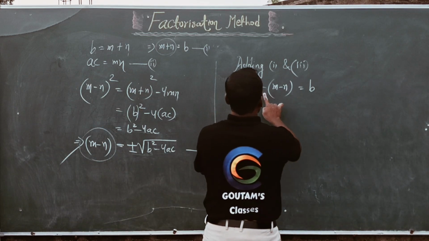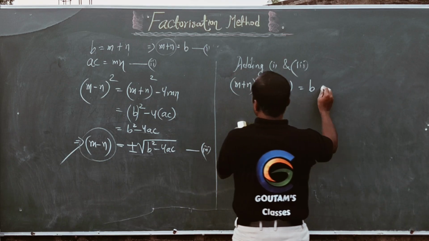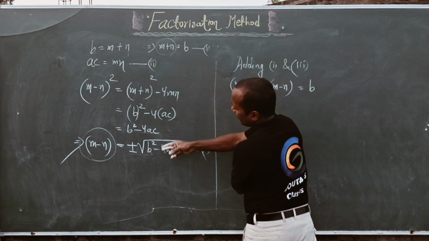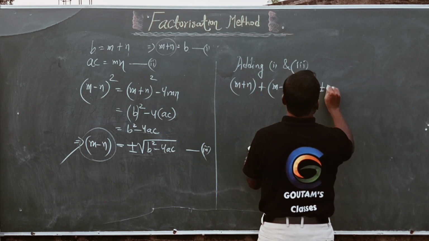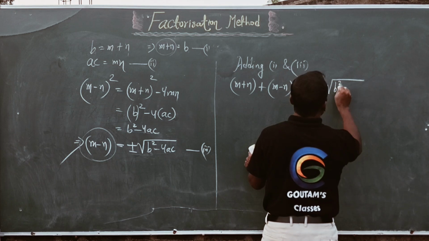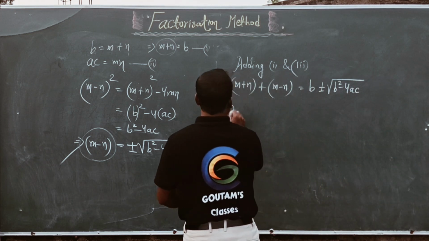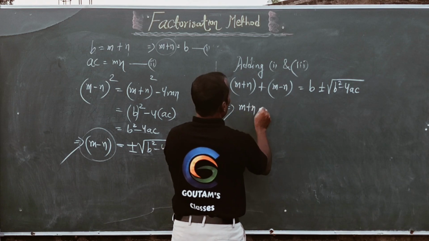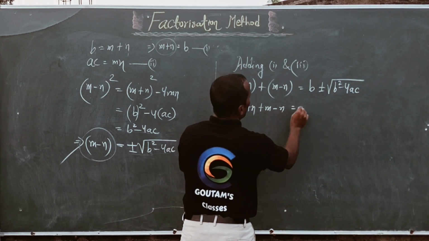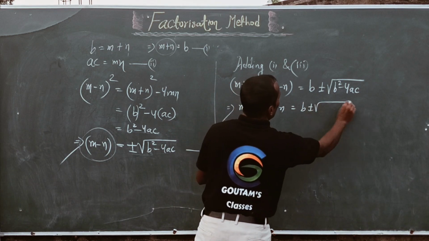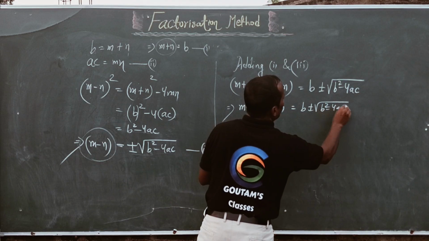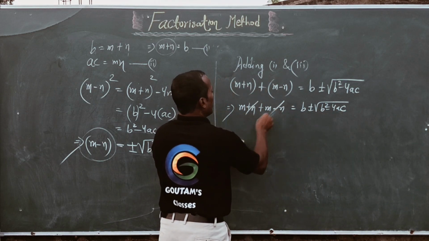So M plus N plus M minus N is equal to B plus, RHS plus RHS, plus minus the square root of B square minus 4AC. Now what do I get? M plus N plus M minus N is equal to B plus minus root of B square minus 4AC. So plus N minus N cancelled.